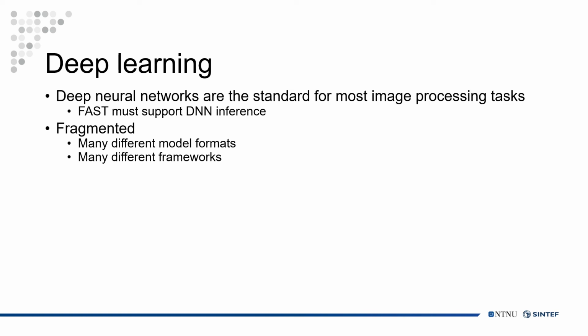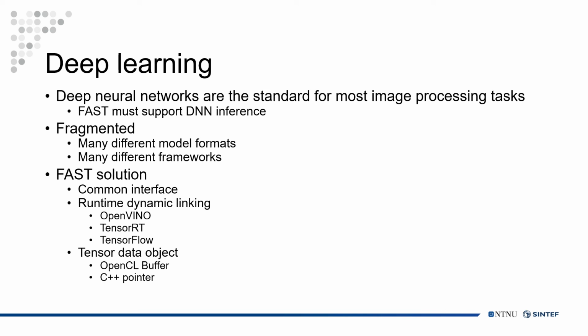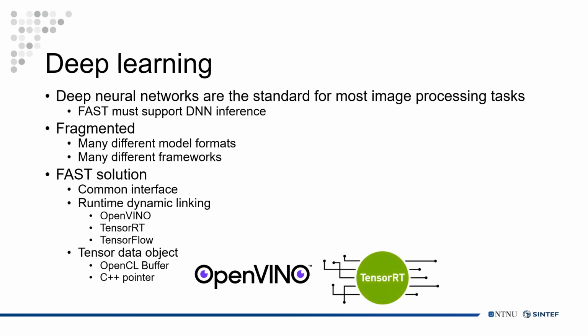The solution in FAST so far has been to provide a common interface to neural networks, thus abstracting away all the details of the different neural network APIs out there. We now have support for Intel's OpenVINO, Google's TensorFlow, and NVIDIA's TensorRT in FAST. To facilitate neural network pipeline processing in FAST, we have also made an abstract tensor data object which can store data both as an OpenCL buffer and a C++ pointer.